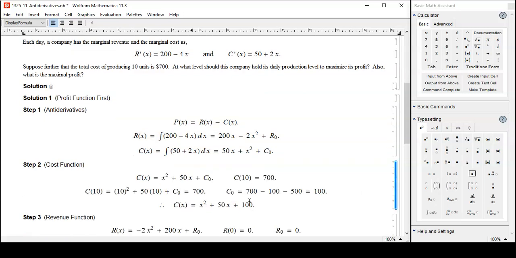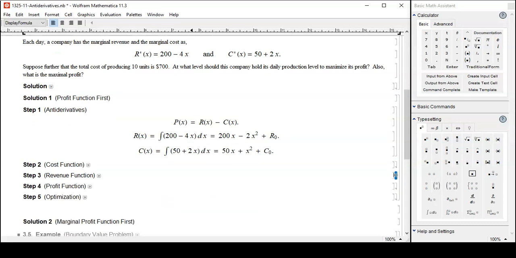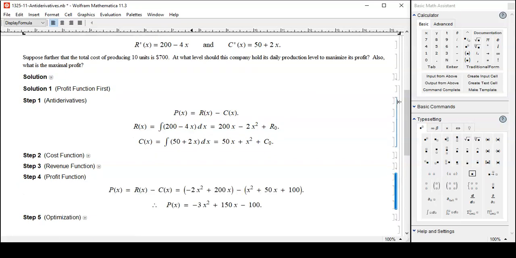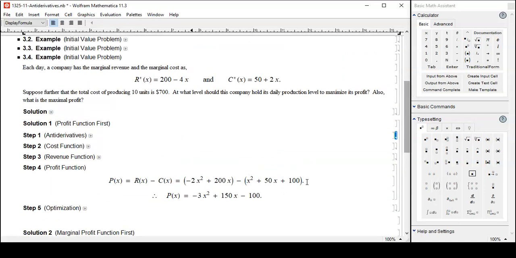So alright, cost function and the revenue function, put both of them together into this. This will give me the profit function. Revenue minus cost, we have this.